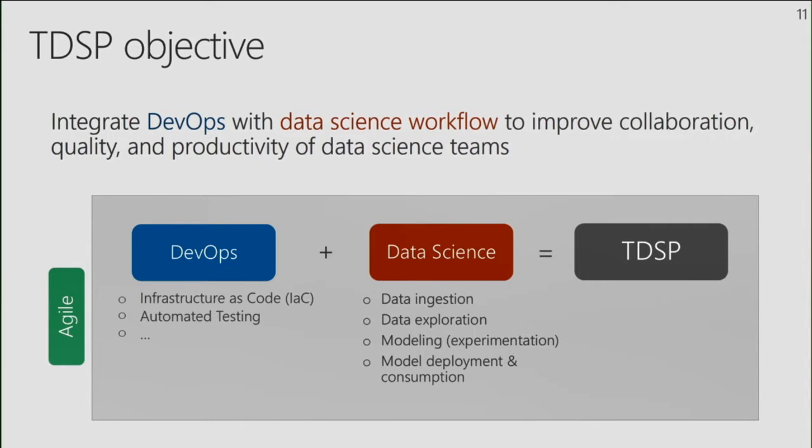And integrated into that, we need some work planning and execution framework, which we think Agile would provide. So with Agile, we can put a framework together for data science project execution and delivery, but include components from DevOps as well as the data science workflow, which typically involves data ingestion, data exploration, modeling, and the like.